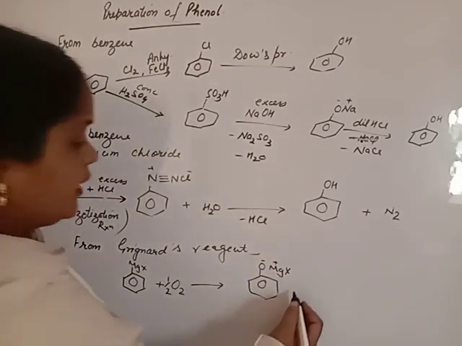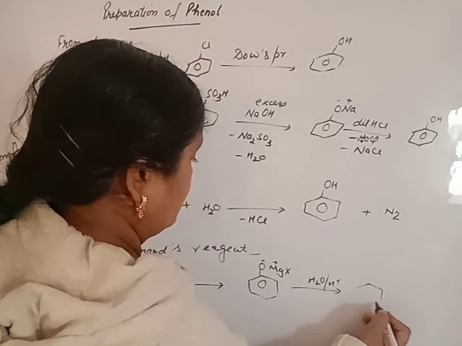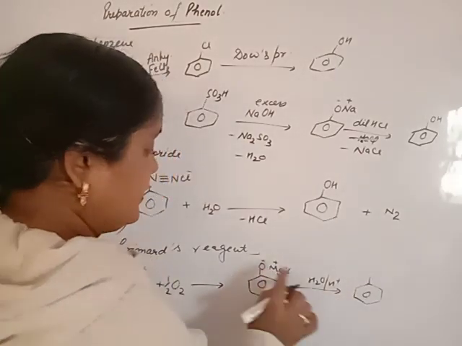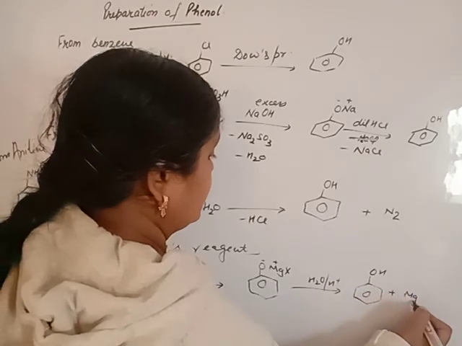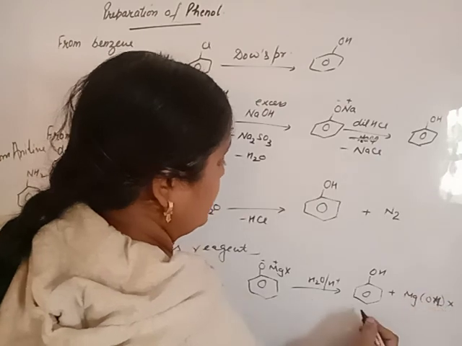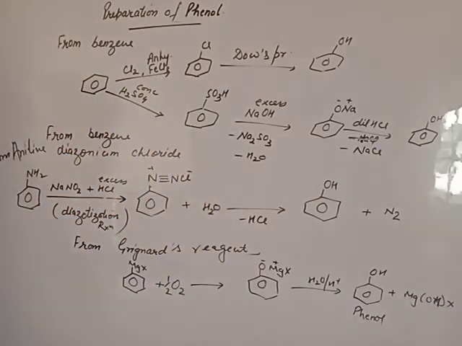Now again on hydrolysis, it is an ionic bond and dissolves in water easily. It accepts hydrogen from water, and magnesium hydroxide halide is removed. We get phenol.